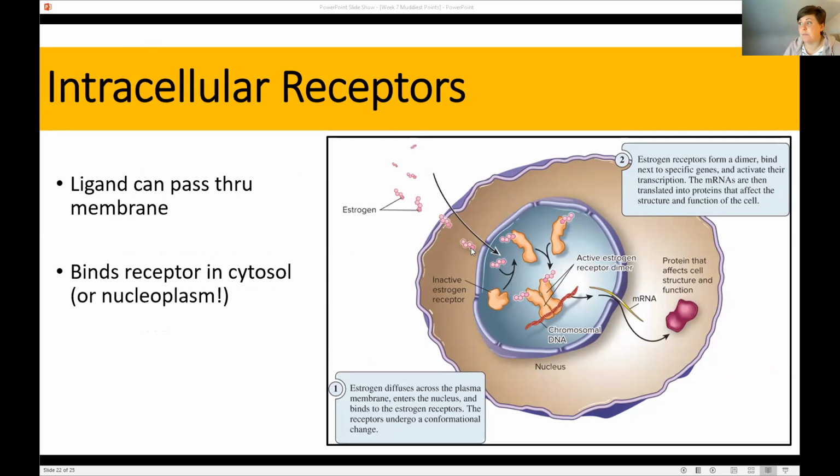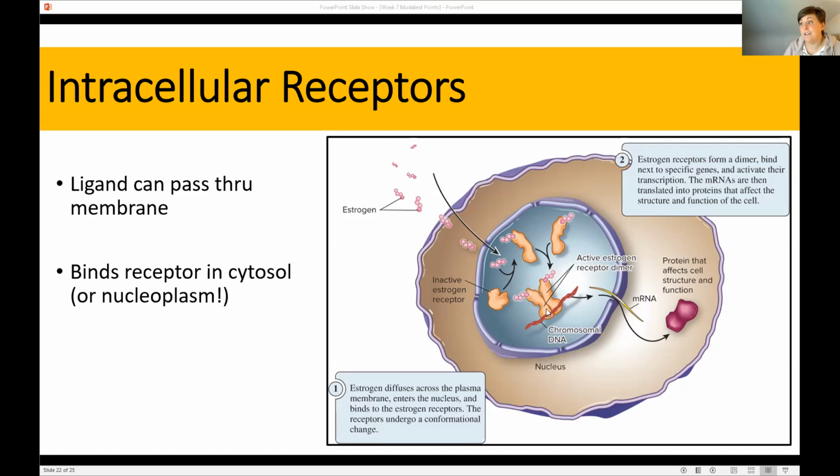And again, this is because of their chemical properties that make the membrane permeable to them, which is primarily small nonpolar molecules. So estrogen can pass directly through the cell membrane. Not only that, it can actually pass through the nuclear membrane and into the nucleus, and that's actually where its receptor is located.